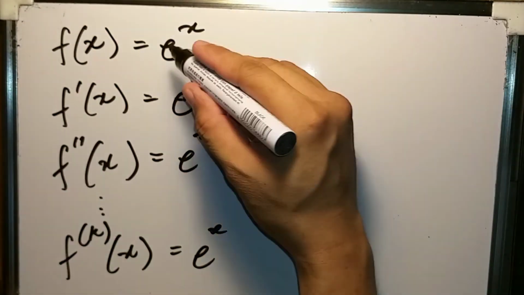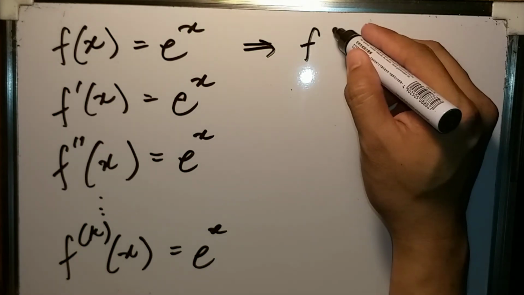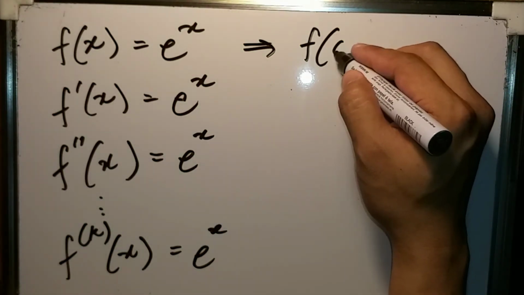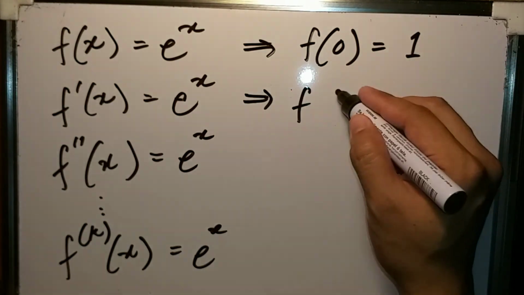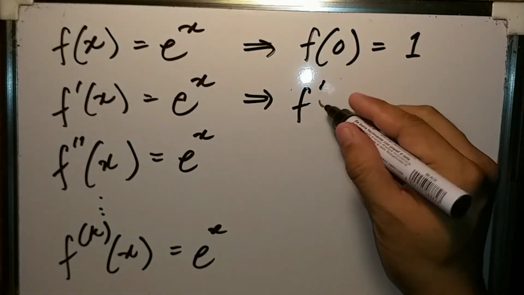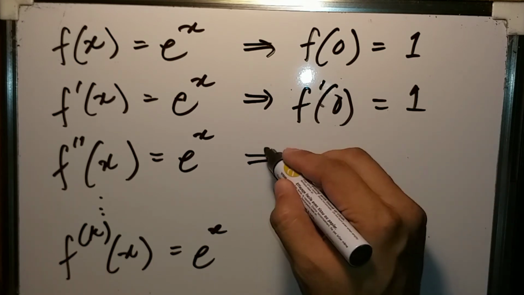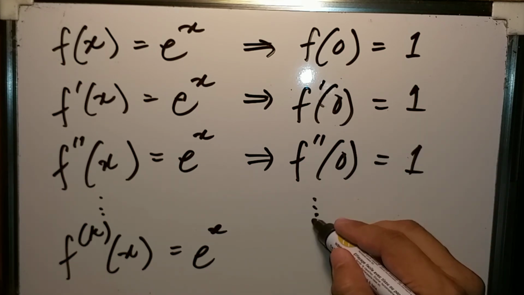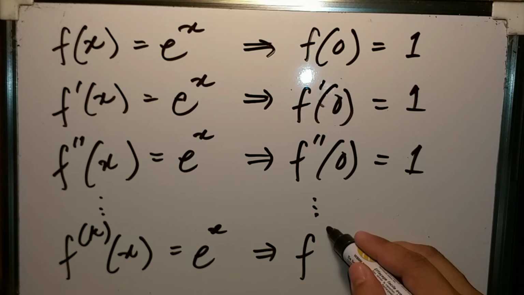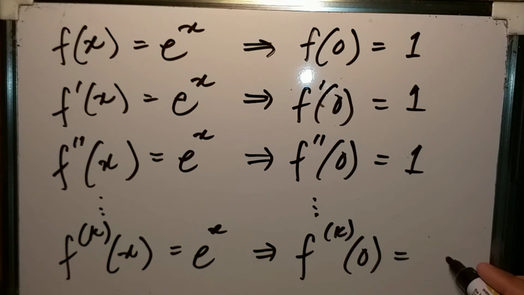Now, if x is equal to 0, we have 1. f prime of 0, we also have 1. f double prime of 0, so 1, until the kth derivative of f at 0, so we have 1.